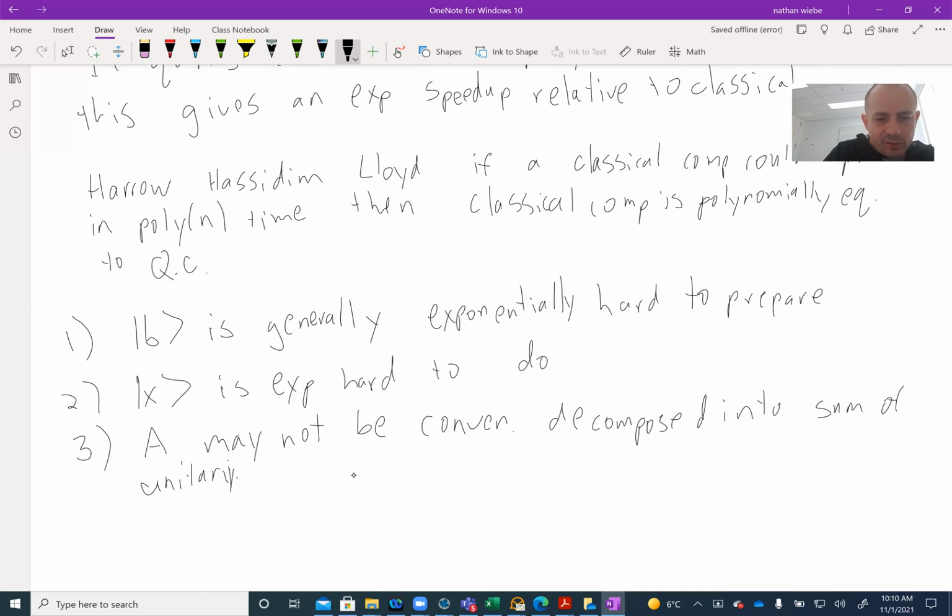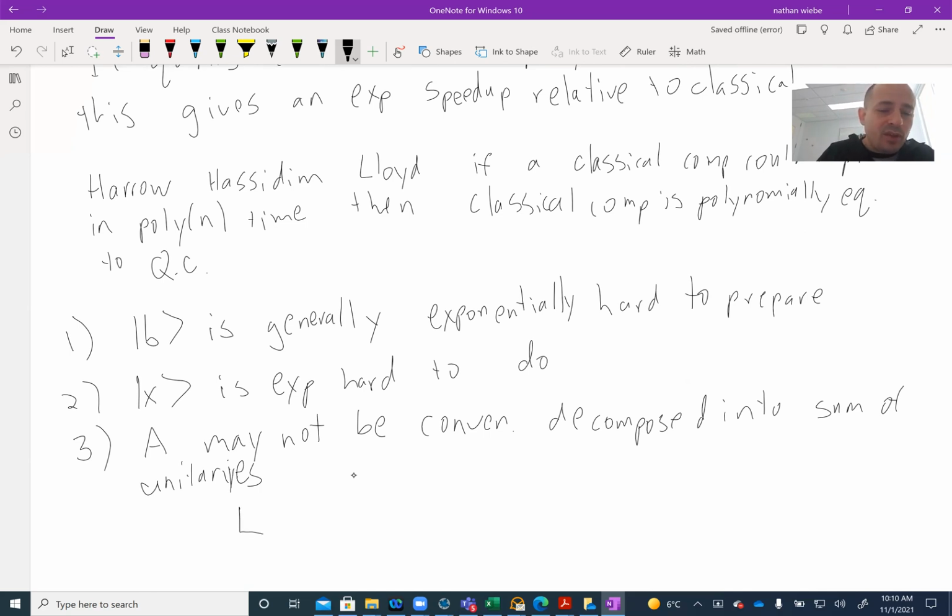Now, as we mentioned before, in principle every matrix can always be written as a sum of unitaries. However, it doesn't necessarily imply that its decomposition in a poly basis is efficient.